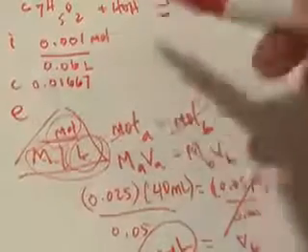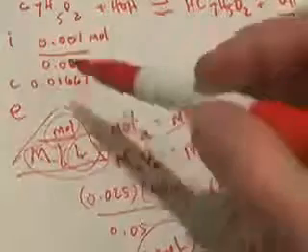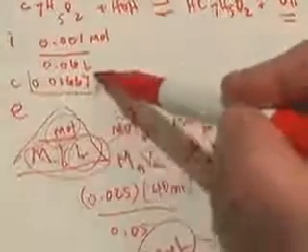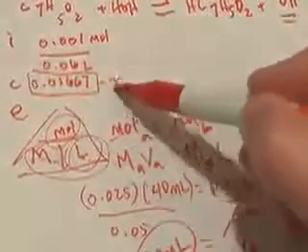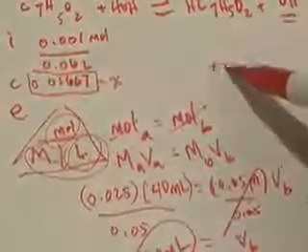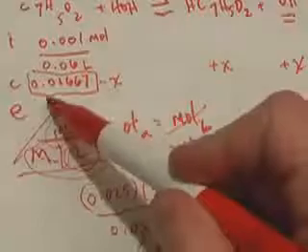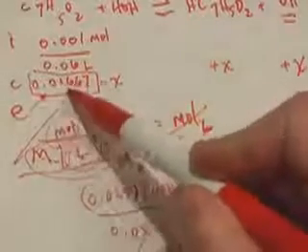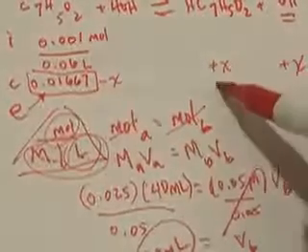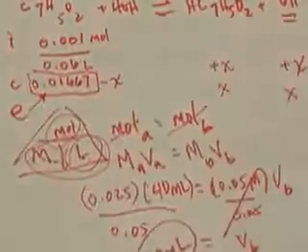And of course, if I write this into the ice table, this is my initial value, and I will lose x here. I will gain x over here and gain x over here. And so this is my ending value, actually, 0.01667 minus x, x amount here, x amount here.